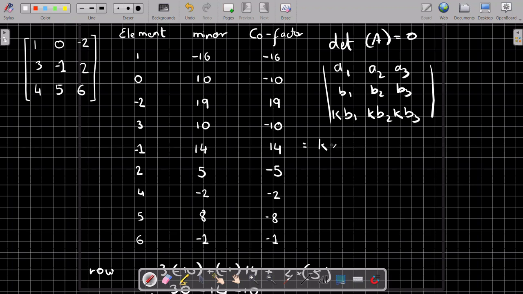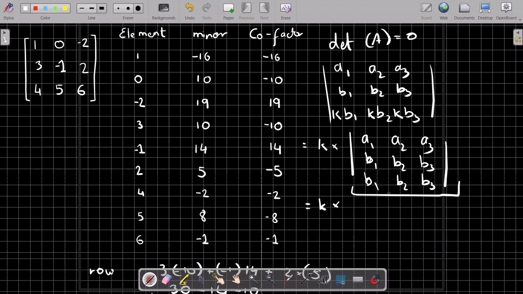So this can be written as k times the determinant of a1, a2, a3, b1, b2, b3, and b1, b2, b3. But we just now showed that this matrix's det was 0. So this becomes k times 0 equals 0.